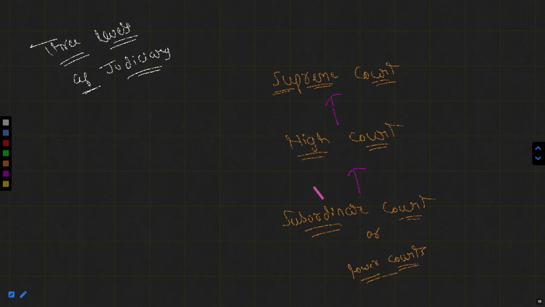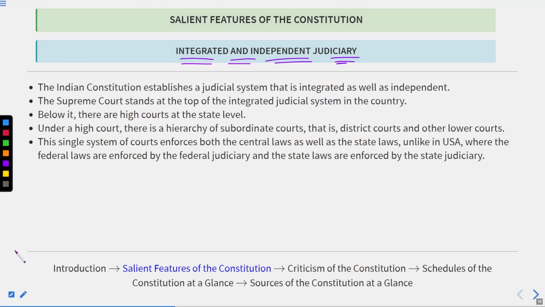Even if you are not satisfied, you can go to the Supreme Court, and the decision of the Supreme Court will be final. That makes the judiciary integrated. All these layers are integrated to each other, layer by layer. Independent means, let's see.